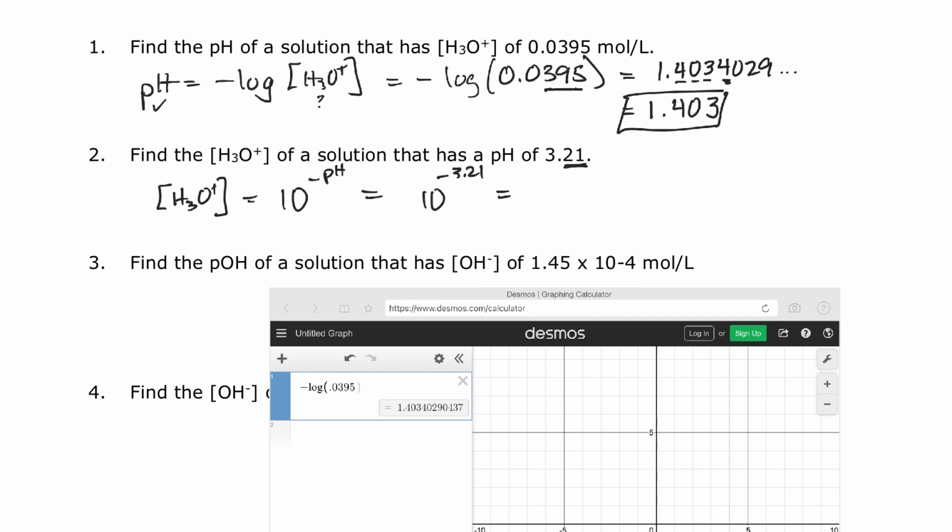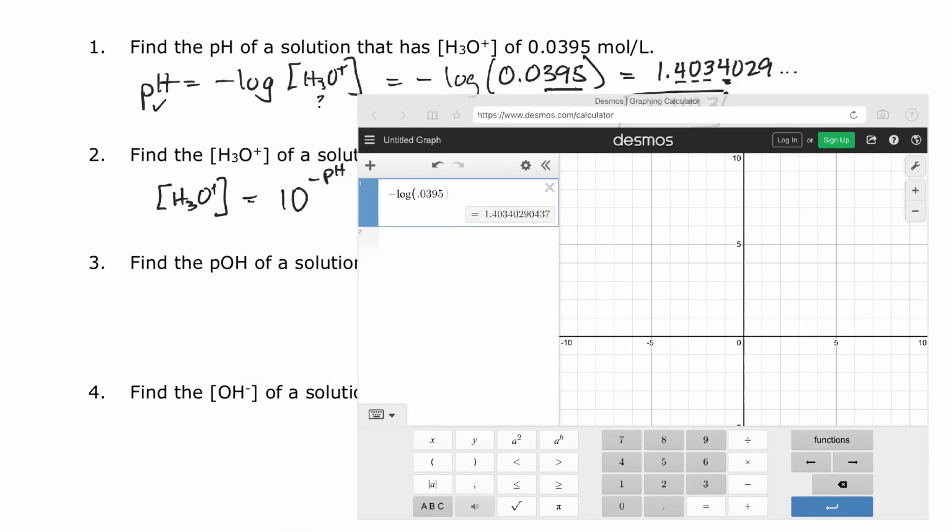Let's bring back decimals. So 10 to the negative 3.21. Here we go.